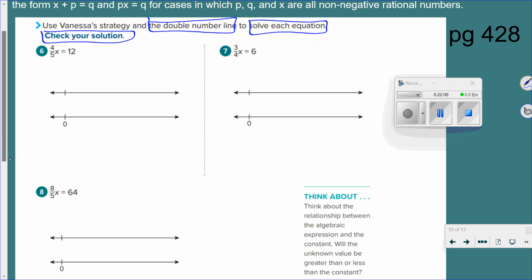That literally just means I'm going past my variable in order to come back to it. But you can still use that same process. So use your double number lines, set them up. The denominator tells you how many lines to make. Numerator tells you which one it is at. There's 3 problems here, but then you also need to do a reflection. So I'll give you guys about 8 minutes.